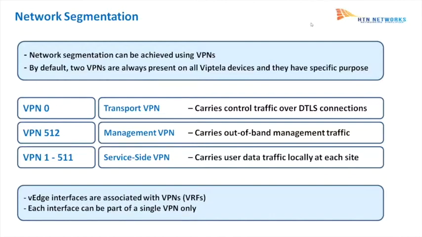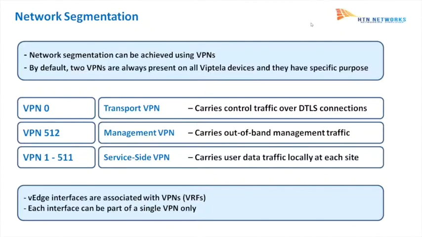Perfect. But then you just talk about in VPN 0 the overlay, the control traffic. What about the actual data traffic? Does that also go through VPN 0? No. VPN 0 has only control traffic. It doesn't have the data traffic. So every VH router creates an IPsec tunnel to the other VH router, right?